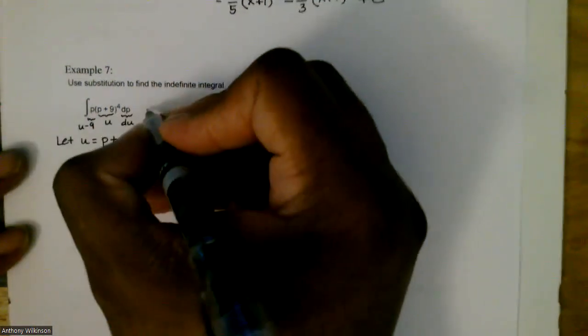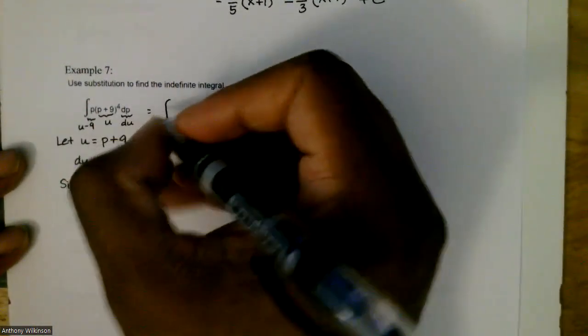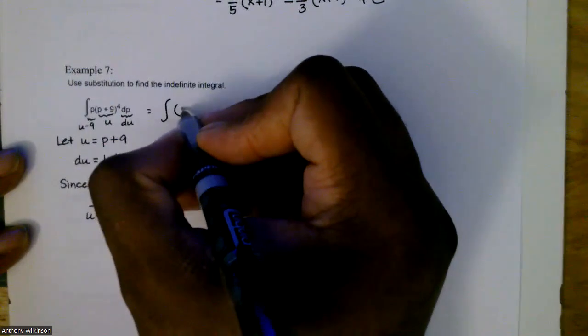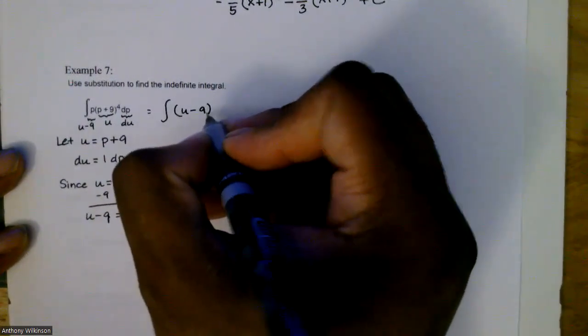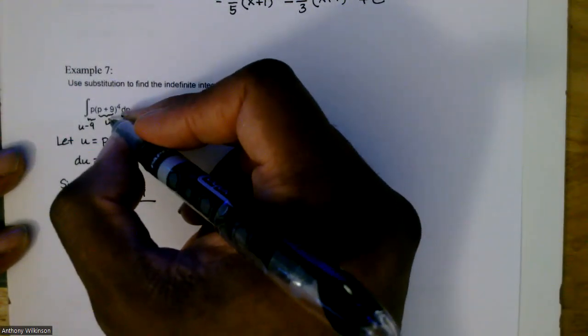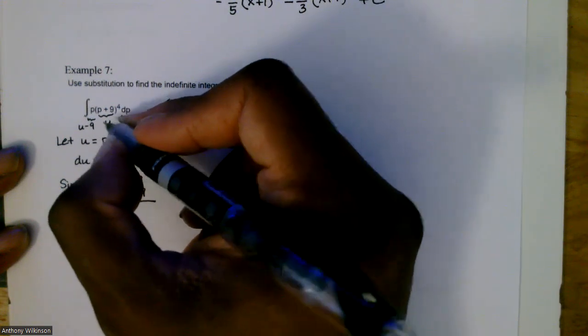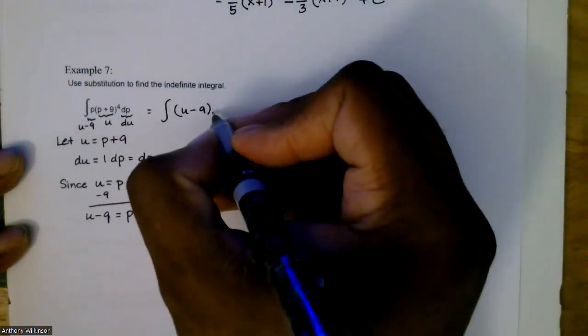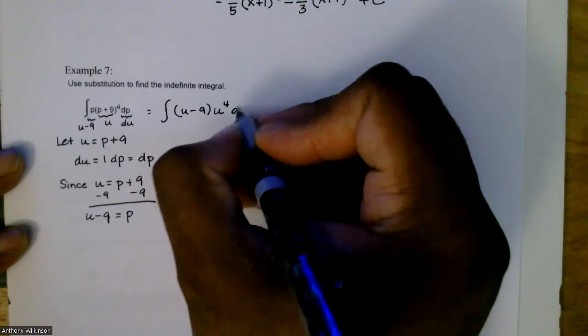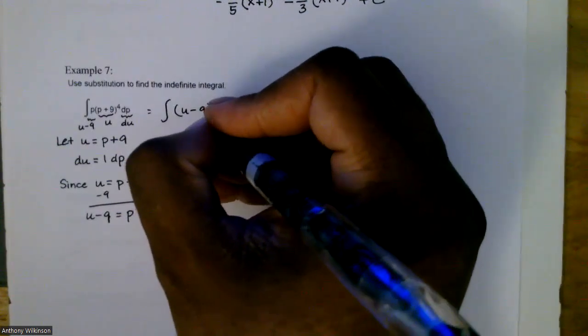That way, we're going to have the integral of p replaced with the u minus 9, times p plus 9 being replaced with u, but it's going to be u to the 4th, times du. And by the way, that is a 9.